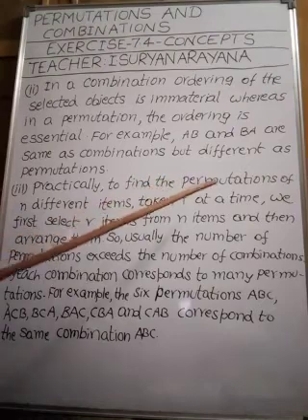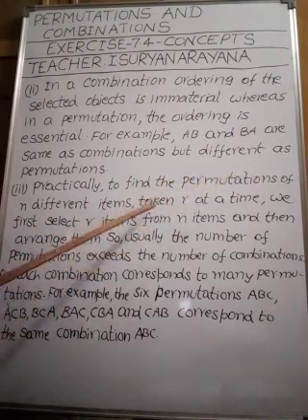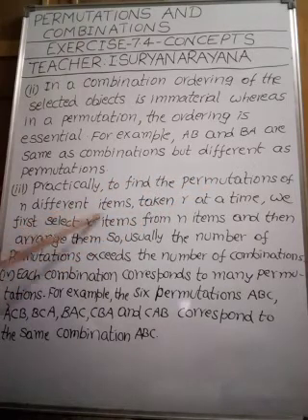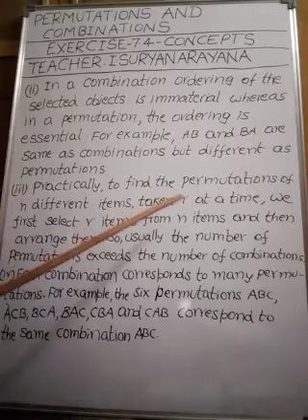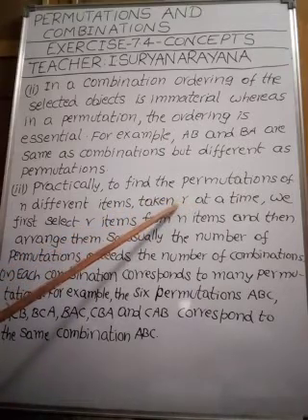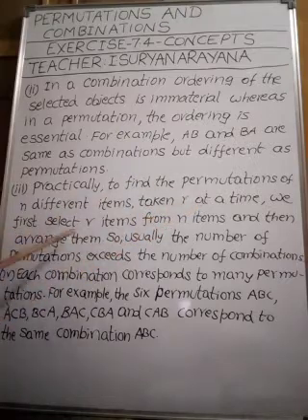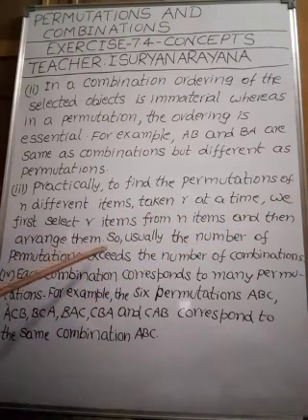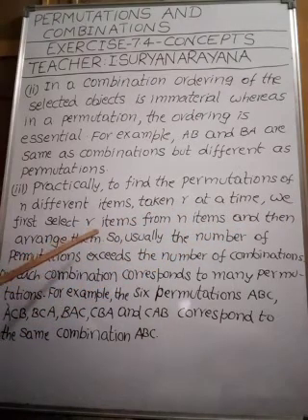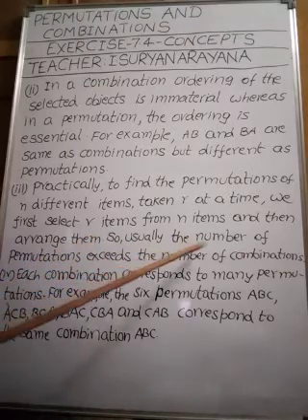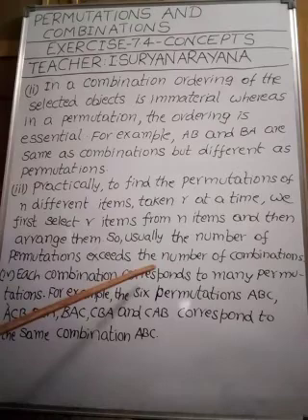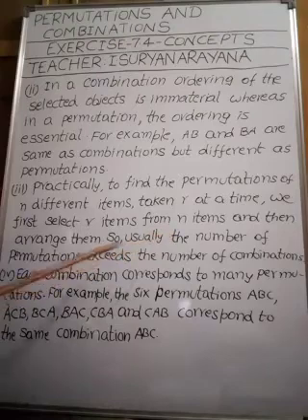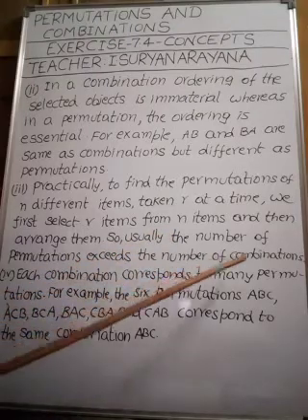In the case of permutations, first we have to select r items, and then we arrange those r objects. Yes or no, my children? So usually the number of permutations exceeds the number of combinations. Okay, my children, understood? The number of permutations is more than the number of combinations.